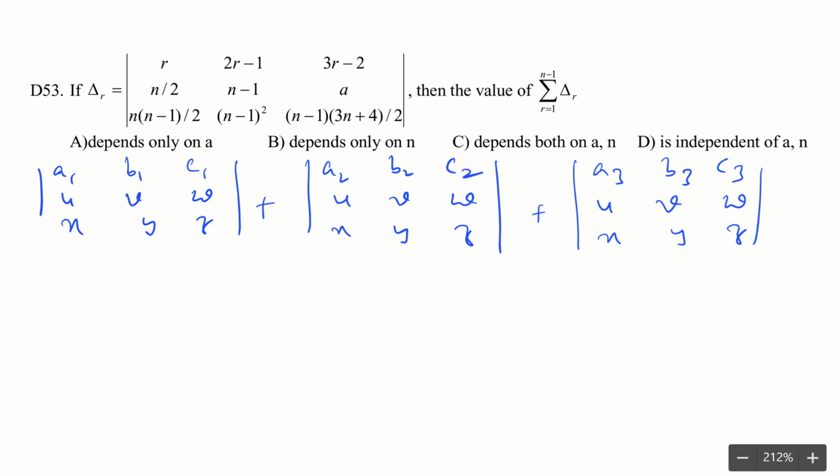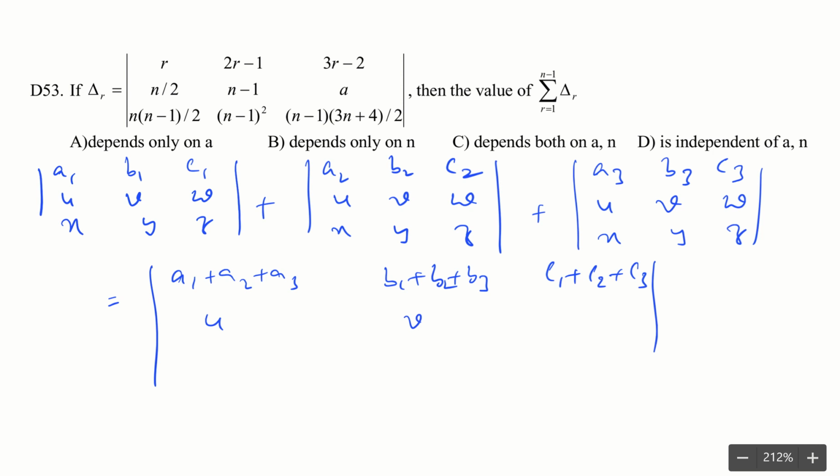Then, if I add these things, I'll get the determinant A1 plus A2 plus A3, B1 plus B2 plus B3, C1 plus C2 plus C3, and here U, V, W, X, Y, Z. In determinants we have this property.